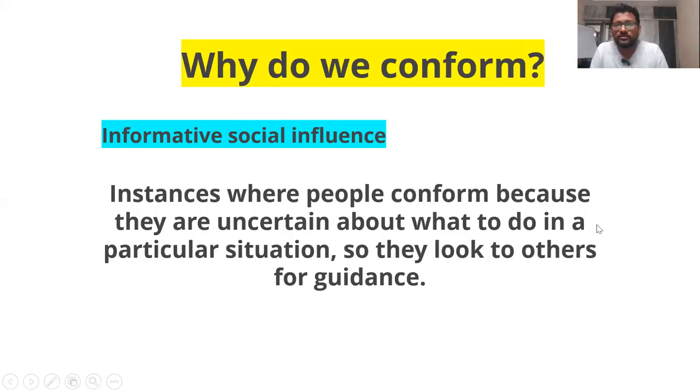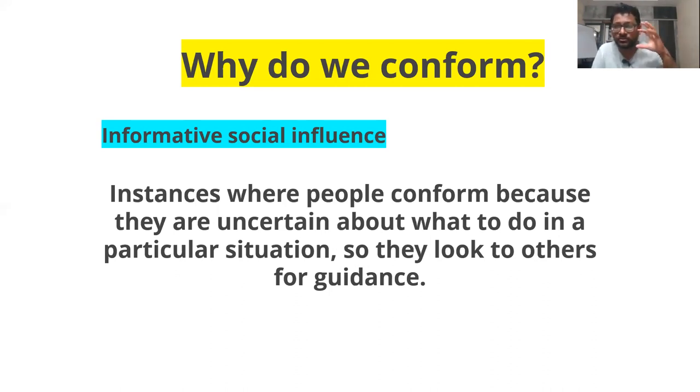Why do we conform? Different theories have been put forth. It might be because of informational social influence. It refers to instances where people conform because they are uncertain about what to do in a particular situation, so they look to others for guidance. This tends to be a permanent change.